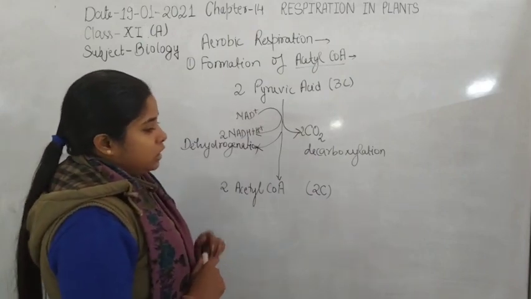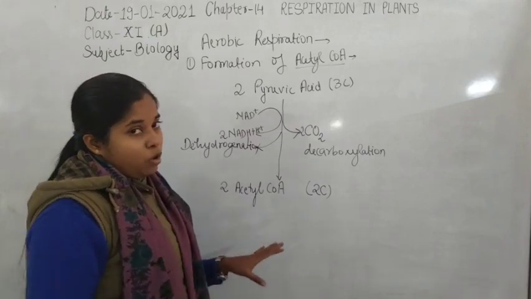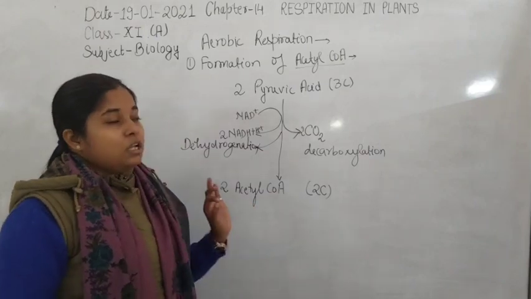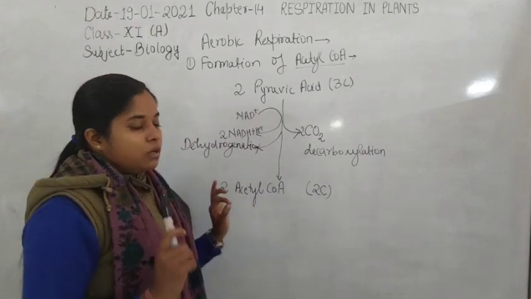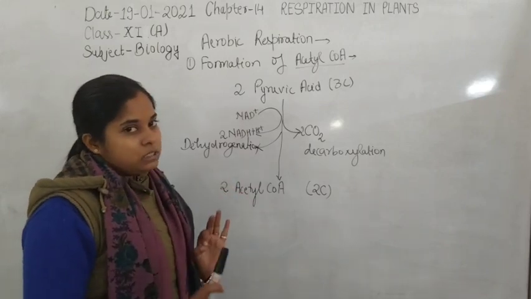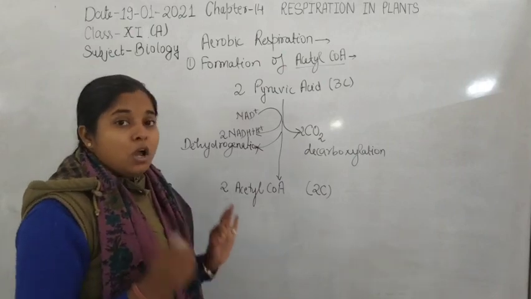But the 2 carbon of glucose molecule, that is 2 carbon of acetyl coenzyme A molecule, can be released during the decarboxylation process, and these 2 carbon release by the decarboxylation process, or the carbon molecule goes in oxidation.